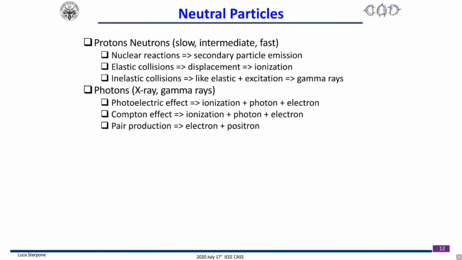What exactly is going to happen? The particle is going to impact with different types of characteristics, because, for example, protons and neutrons can be classified as low, intermediate, and fast, depending on the speed and characteristics of the interaction of the particles. And here we are going to open a scenario that is also very large, but I will stop in this case because we are talking about types of nuclear reaction, the type of elastic collision that we have, or inelastic one.